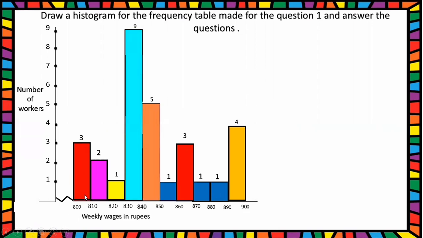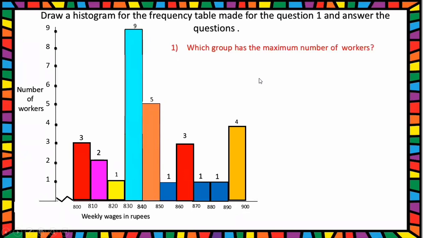So here 3 for 800 to 810, 2 for 810 to 820, 1 for 820 to 830, 9 for 830 to 840, 5 for 840 to 850, 1 for 850 to 860, 3 for 860 to 870, 1 for 870 to 880, 1 for 880 to 890, 4 for 890 to 900.